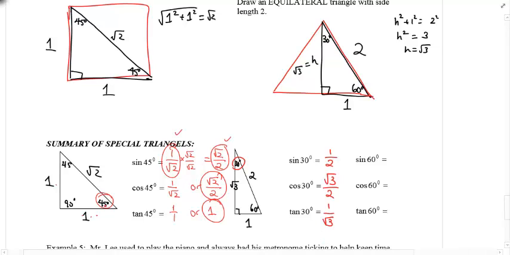So now we're looking at the angle here. Sine is the opposite, so that would be root 3 all over the hypotenuse of 2. Cos 60. Hello, adjacent is over here. That's 1. Hypotenuse is still 2. Tangent 60. Opposite is root 3, adjacent is 1, or just root 3.